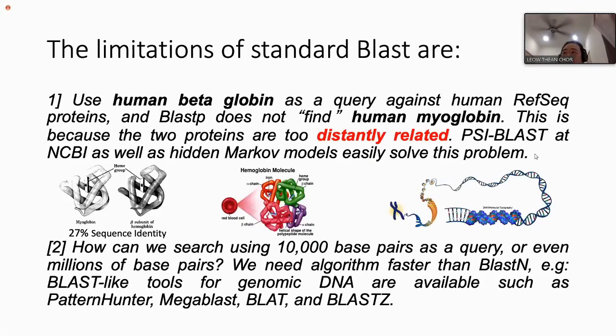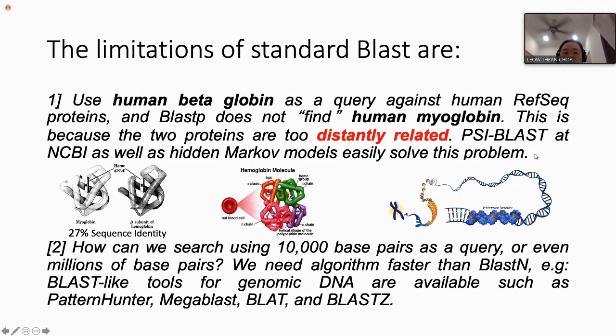When you use human beta globin as a query against human RefSeq proteins, BLAST P does not find human myoglobin. This is because human myoglobin is distantly related to hemoglobin. Hemoglobin is in the form of a tetramer, 4 subunits, and myoglobin is in the form of only 1 subunit.